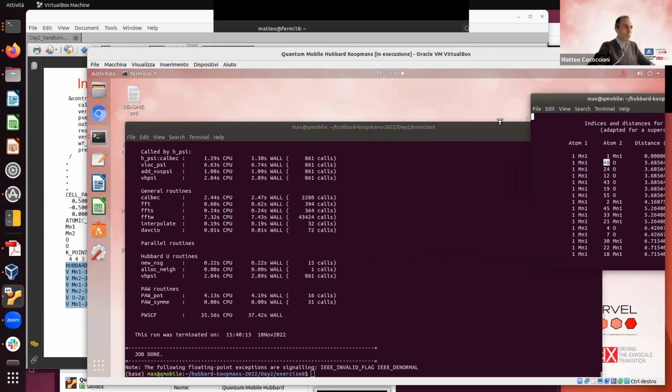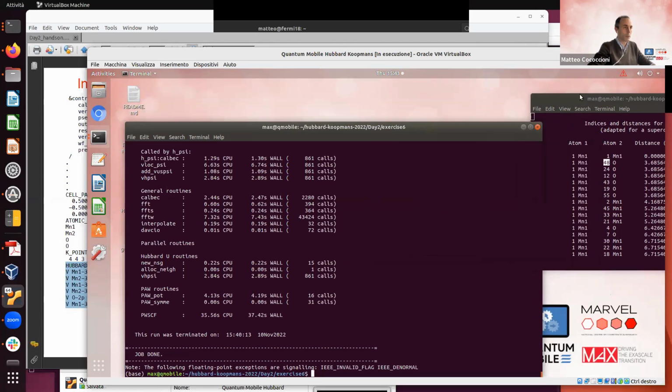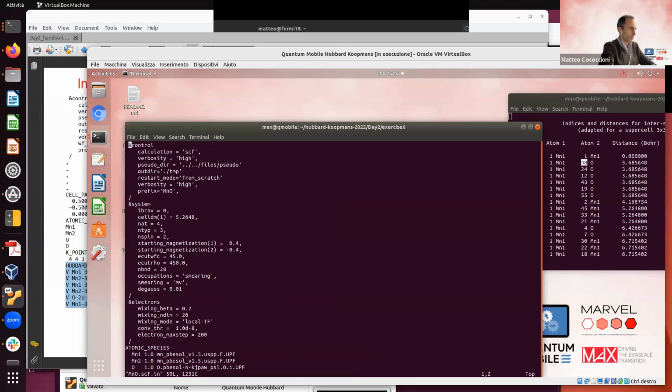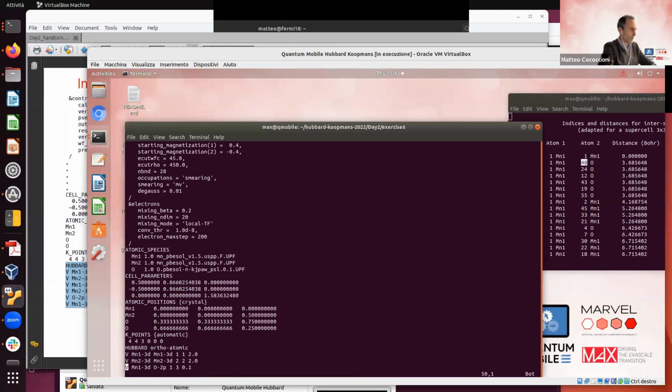And so we can give a look while we construct the input file. So, okay, now we know 1,3 is not the right choice. I want to put 1,12.